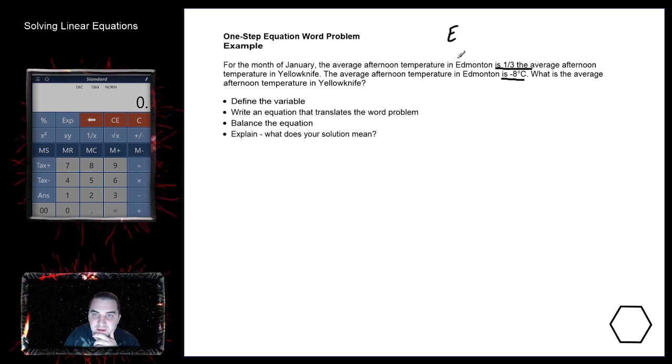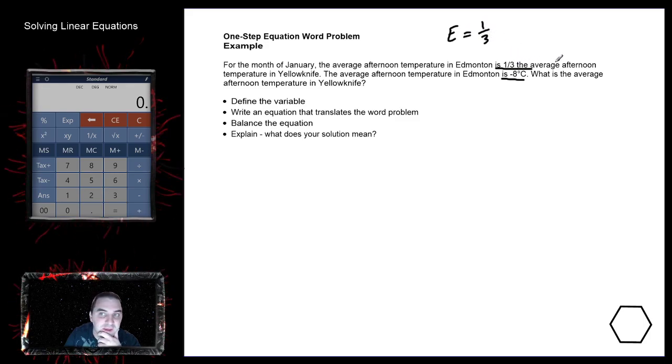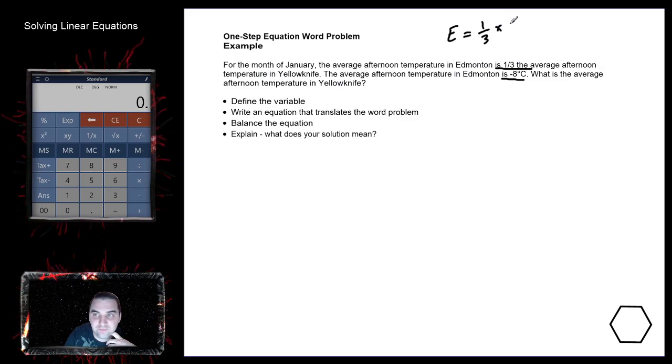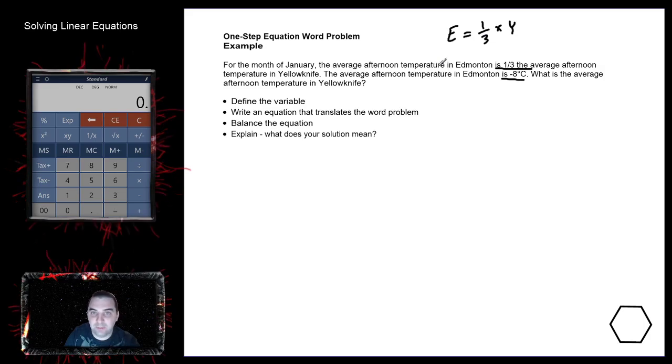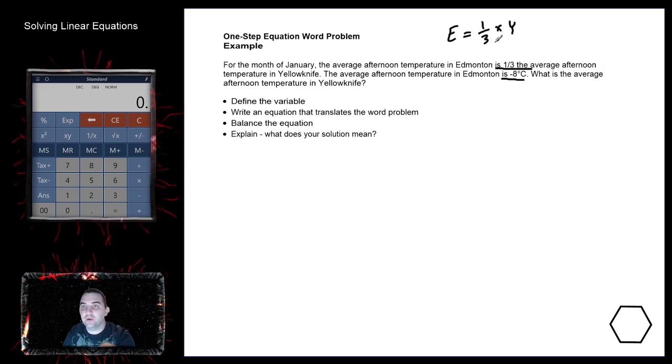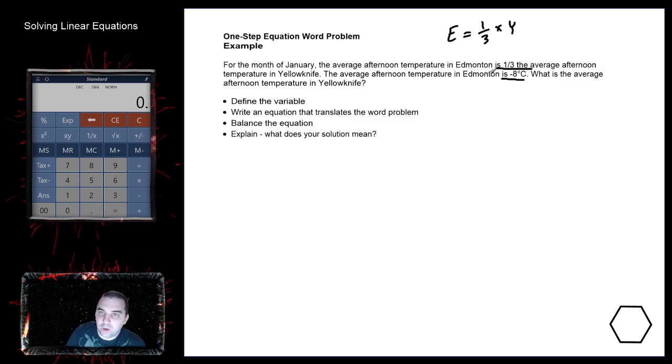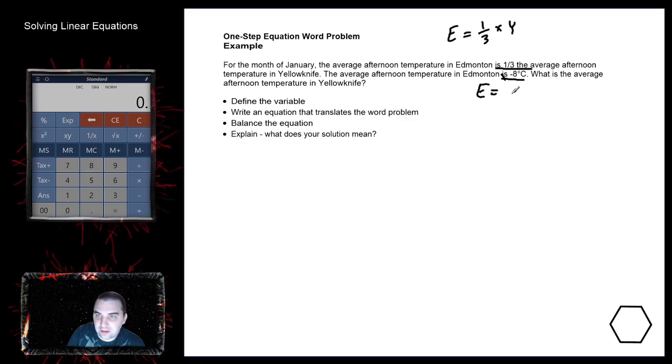Edmonton is 1/3 of the afternoon average temperature in Yellowknife. Edmonton's temperature is 1/3 of Yellowknife's temperature. Makes sense. We also know that Edmonton is -8 degrees Celsius.